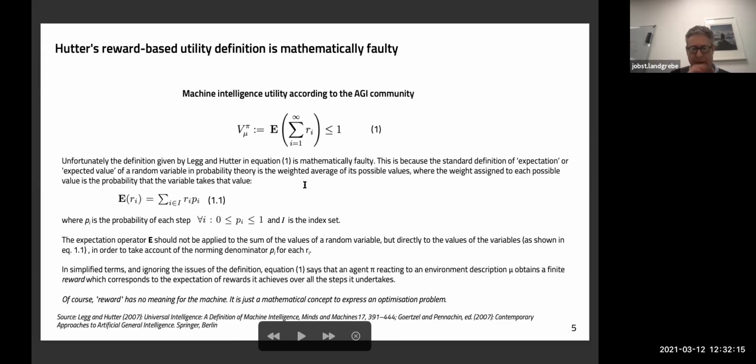And this probability is of course smaller than 1, so that you can obtain an overall sum smaller than 1, as they require here.